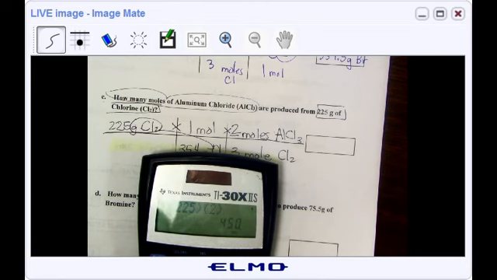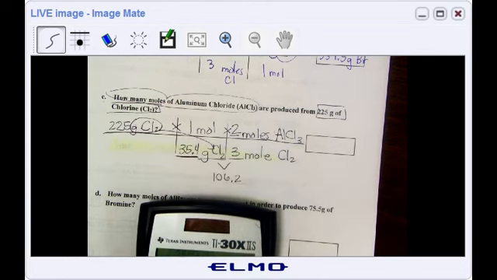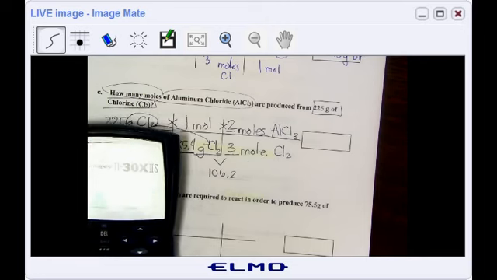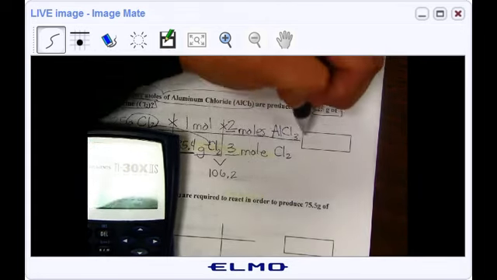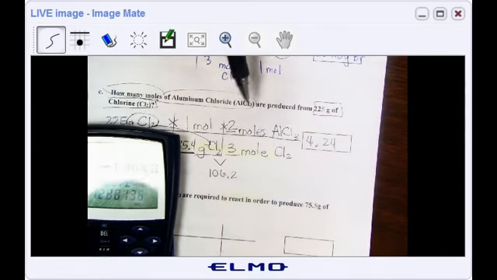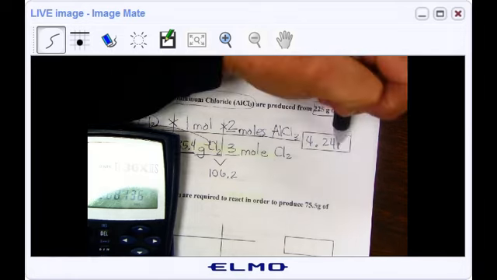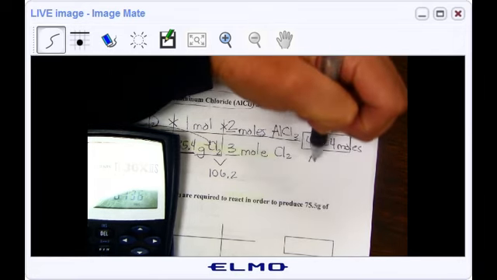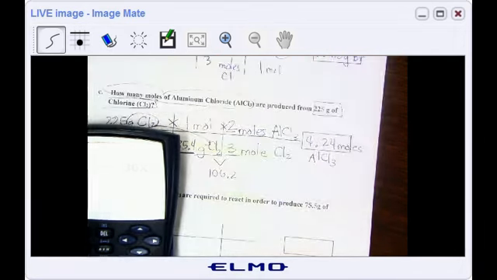That gave me 450, and I'm going to divide by the bottom, which we said was 106.2. My final answer is 4.24 moles AlCl3.